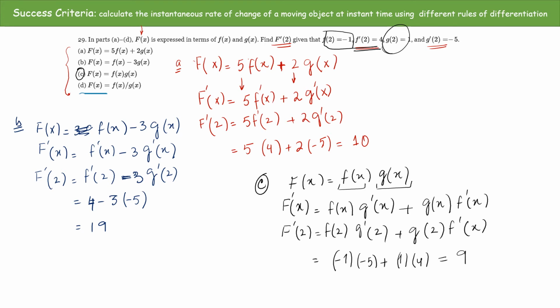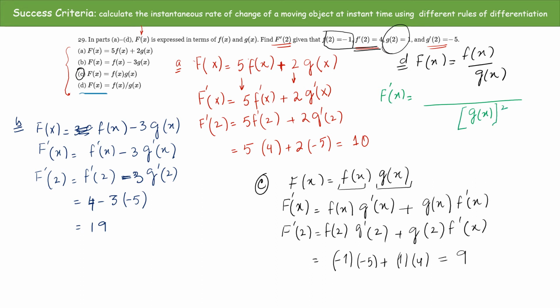Let's try the last part, that is the D part. D part is capital F of x equals f of x over g of x, and clearly you can understand that this is the quotient rule of differentiation. Now we know that the quotient rule states that in the denominator we write the denominator function with the square.